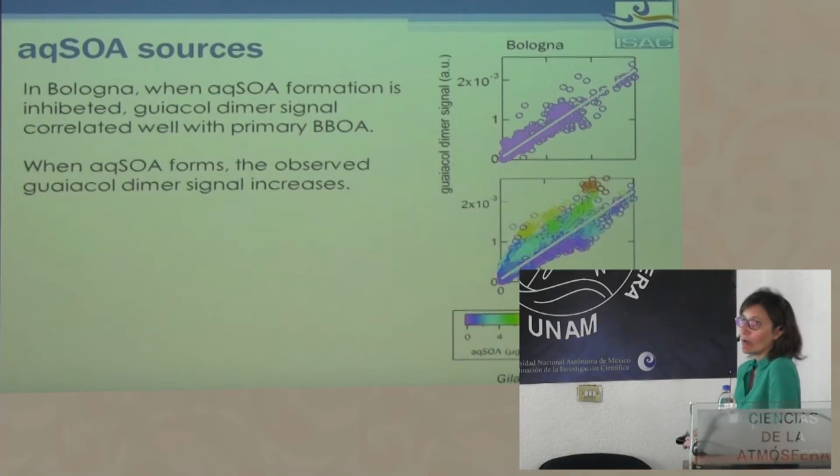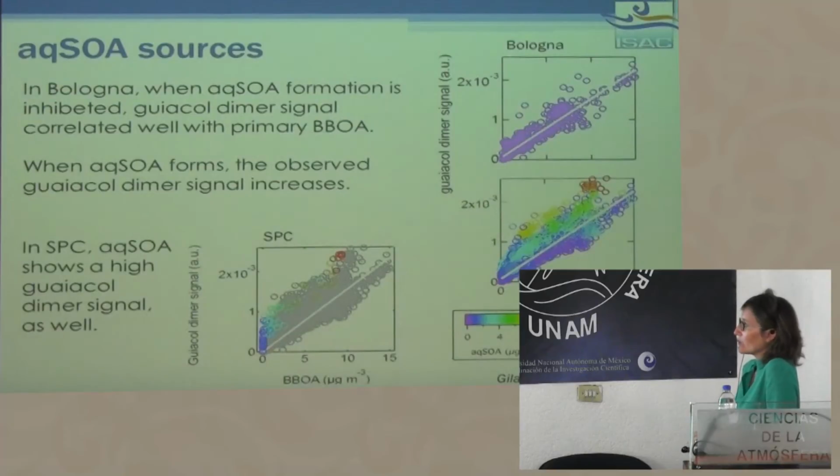Now I add all data points, so also when we observe the formation of aqueous SOA, and you see that when the aqueous secondary organic aerosol formed, for example, light blue, green, yellow, and red points, the guaiacol dimer concentration is higher than what is expected solely from primary biomass burning.